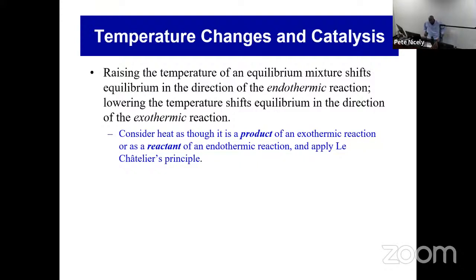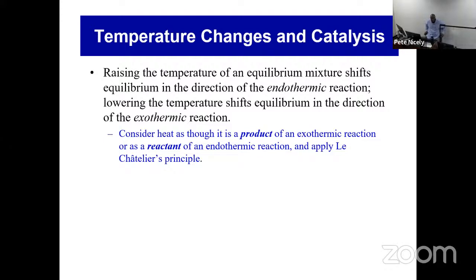In order for us to predict how the system will behave, we have to see whether the reaction as written in the equation is exothermic or endothermic. And I'm quite sure you all remember what those terms mean, right? If a reaction is exothermic, it produces heat.